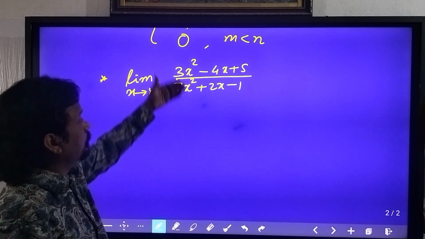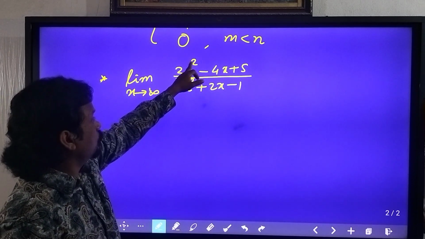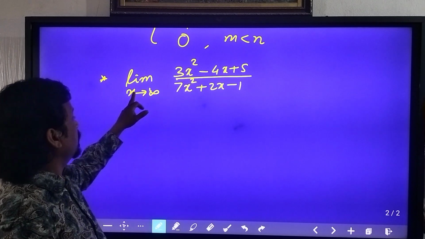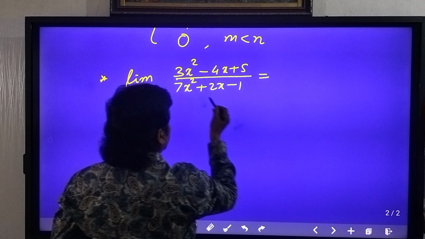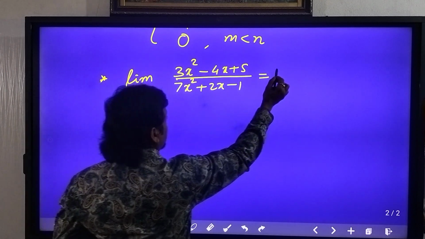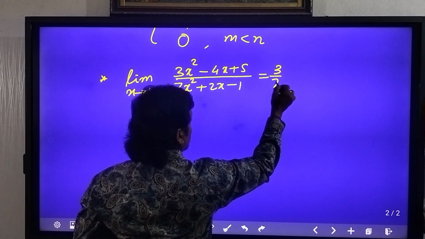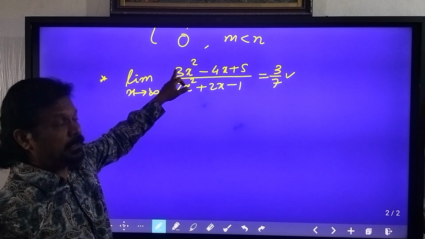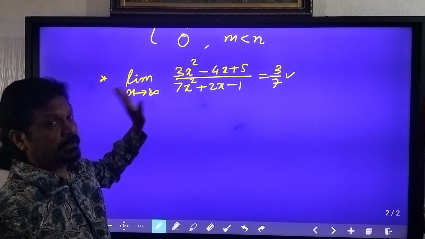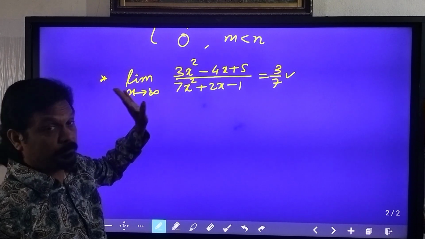Here the degree is the same. The degree of the numerator is 2 and the degree of the denominator is 2, and this is an infinite limit. So as I have told you, the answer will be 3 by 7. That means the highest power of x in the numerator divided by the highest power of x in the denominator, if the degree is the same.